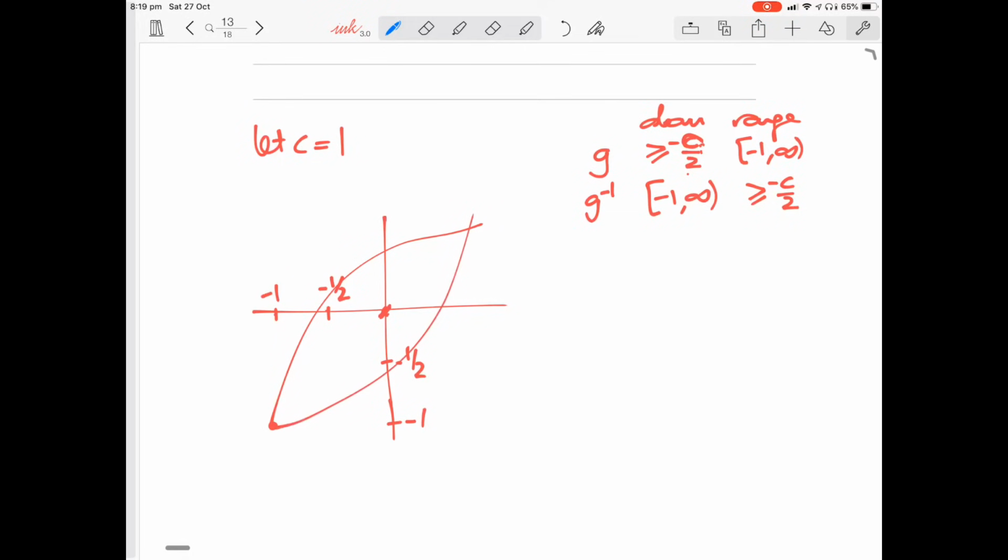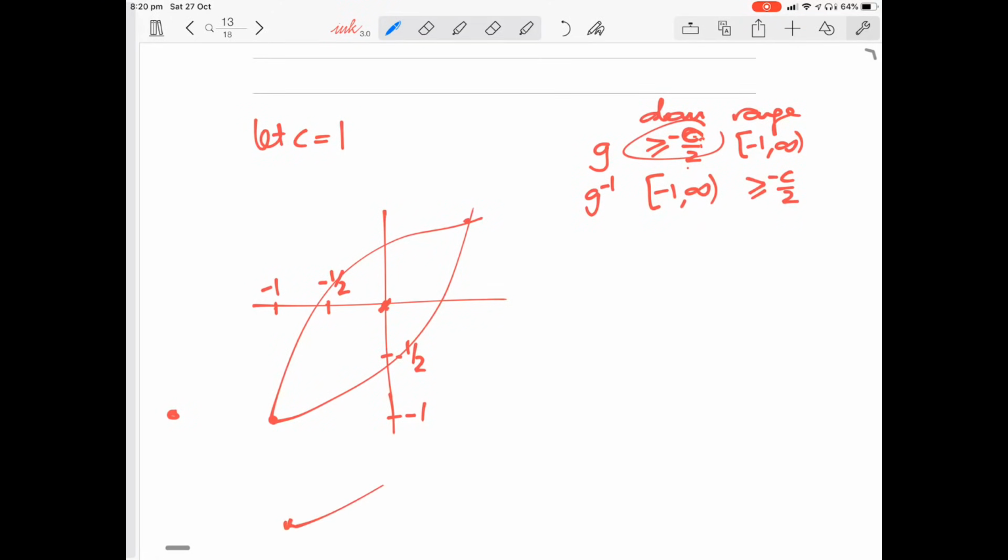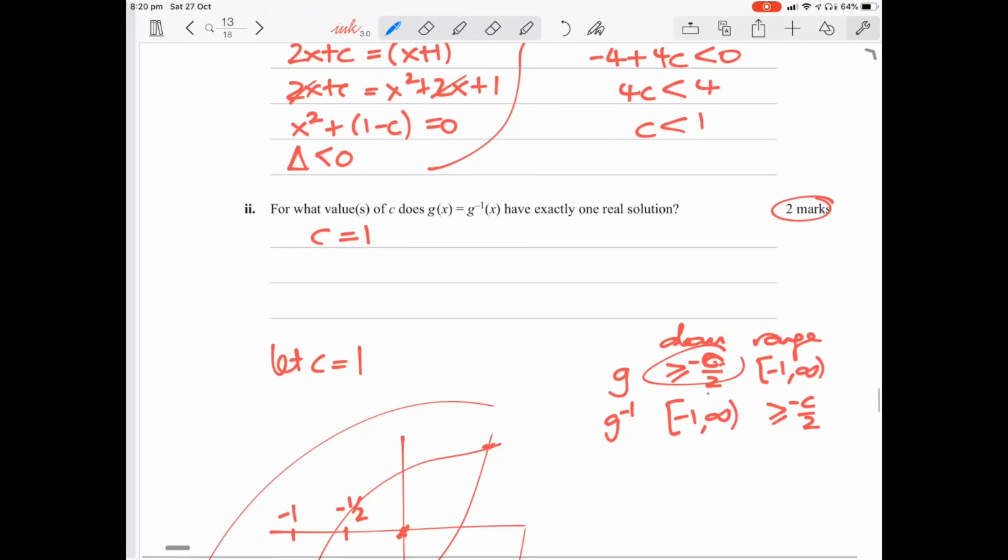Anything in between, I would have had 2 intersection points, because slowly it's moving out. Here I've still got 2 intersection points, but then as c gets bigger, like if I made c equal 4, that would be negative 2 and negative 1, and the other one would have been negative 1 and negative 2, so we're not going to have any intersection points. So when it's equal to 2, we've got 2 intersection points. But as it gets larger, we're not going to have any more intersection points.